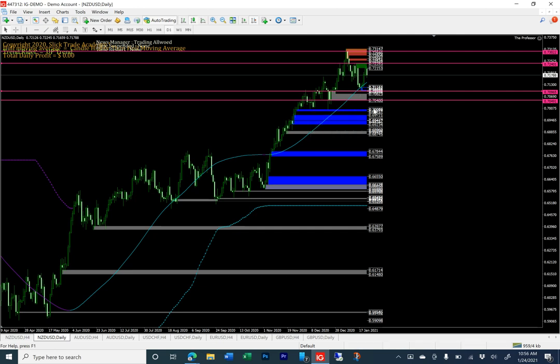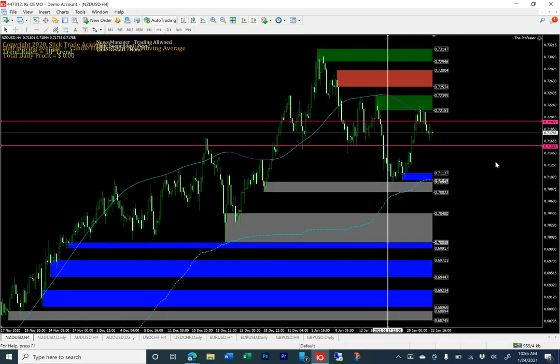If we go below that, then I would expect the deeper correction, potential, not option, 0.70030. If it breaks below that, then I'd say trend reversal all the way. So that is NU4. Grab a screenshot for you guys.